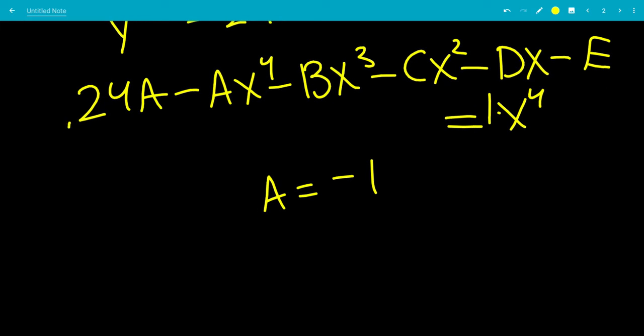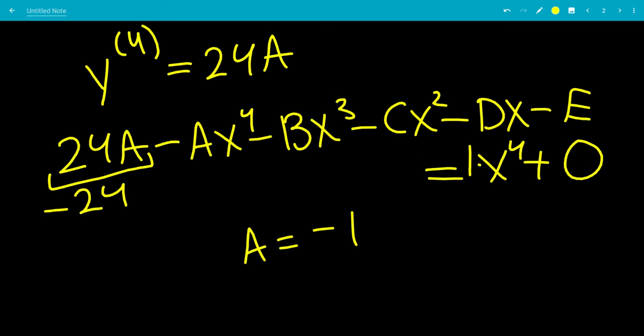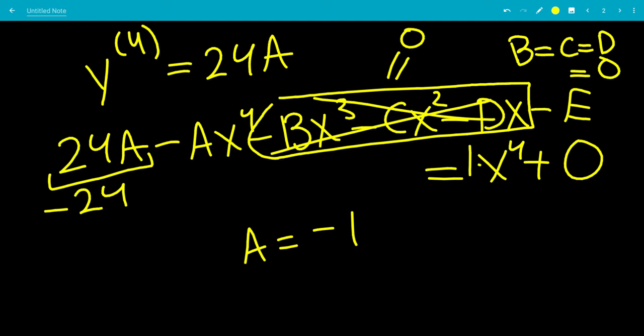So this 24a will turn into minus 24. On the right-hand side, you can just add a constant term of 0, and that doesn't change anything. And for x cubed, x squared and x, this is just 0. So b equals c equals d equals 0, and that cancels away.